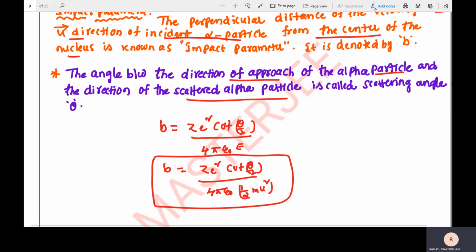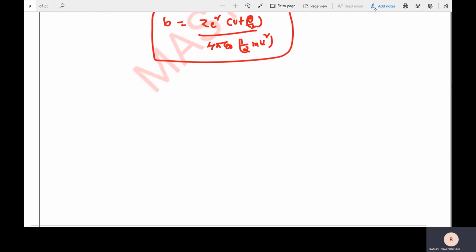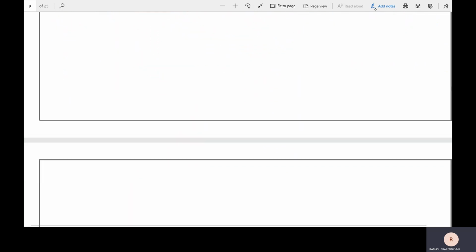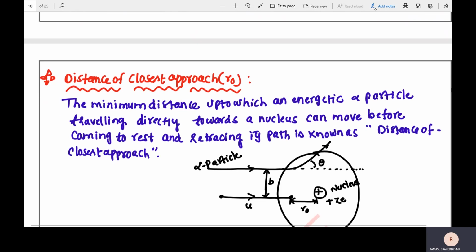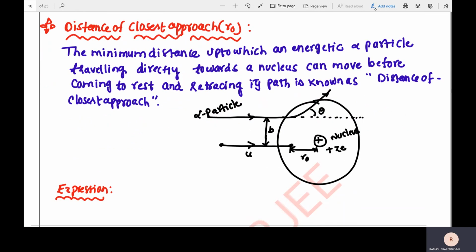Next, we have another definition, the distance of closest approach. What is the distance of closest approach? It is denoted by r naught. It is the minimum distance up to which an energetic alpha particle traveling directly towards a nucleus can move before coming to rest and retracing its path.